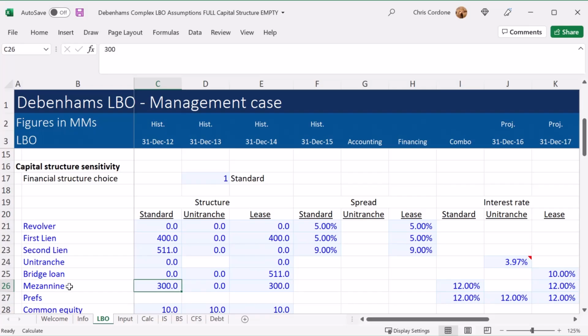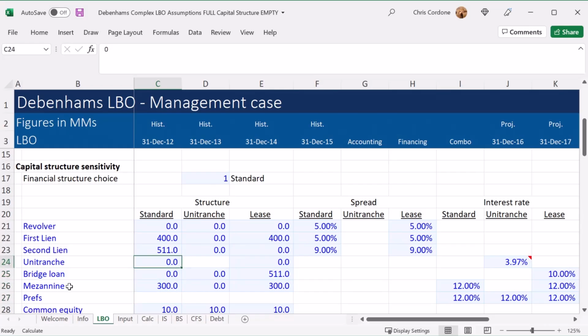So in the standard structure, we've got first lien, second lien, and mezzanine. That would be two senior tranches of debt on top with one junior and unsecured debt below that. We also have a bridge loan here, which isn't drawn in the standard, but it will be drawn in the sale-leaseback. And we're going to do the sale-leaseback last, so I won't say too much about that.